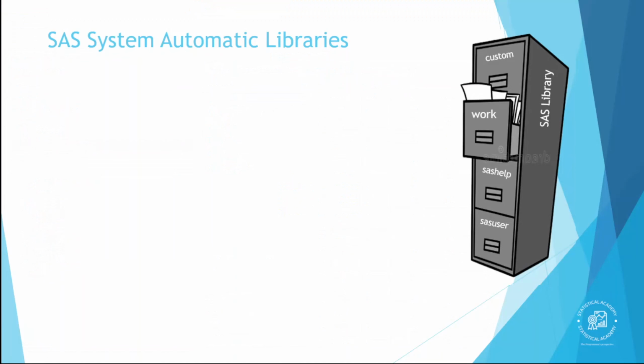In addition to creating your own libraries, there are other ways libraries can be created. When you start a SAS session, several libraries are defined automatically by SAS. The work library is a temporary library that is automatically defined by SAS at the beginning of each SAS session.